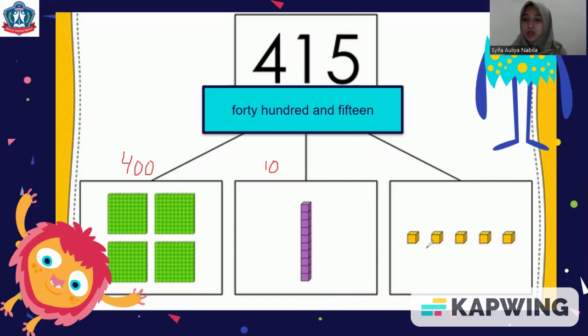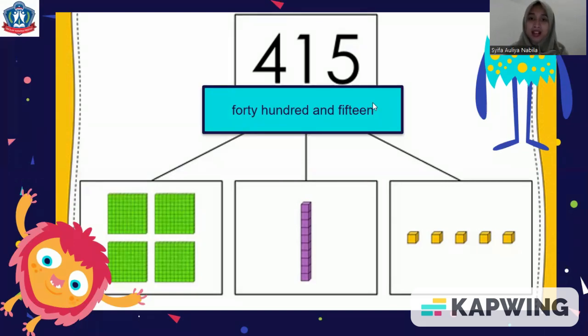And then this one is 1, 2, 3, 4, 5. Good job. So this one is 5 ones. So you can write here 5. So the total is 450. So you can write in numerals like this, or you can write in words like this. Okay, it's easy, right?